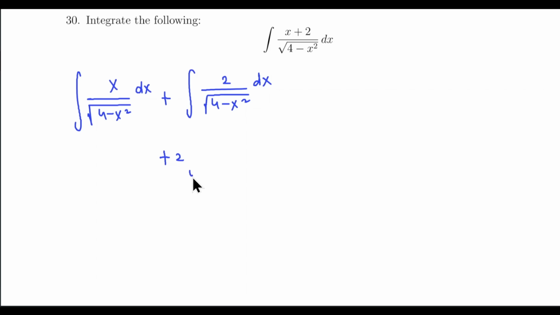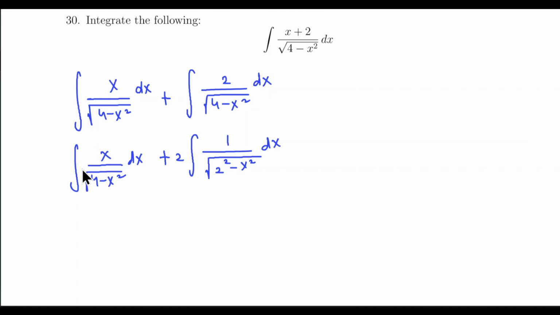This 2 can be thrown outside, so 2 times integration of 1 over square root of 2 squared minus x squared dx, and this is just x over square root of 4 minus x squared dx. So this is basically two questions, right?